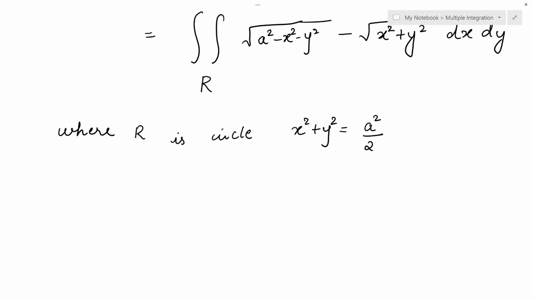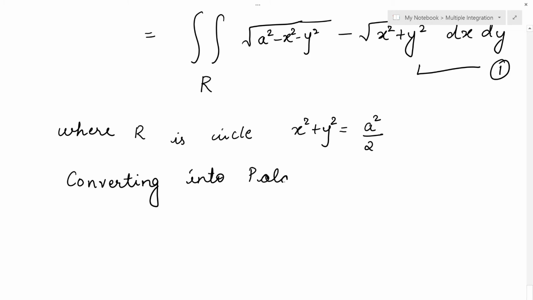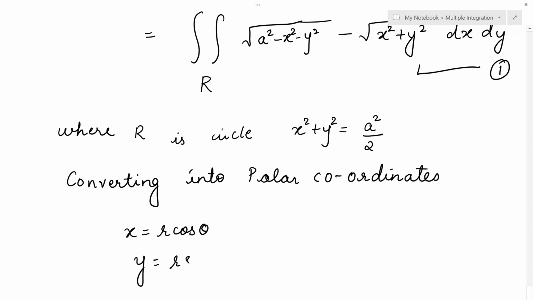So now I will convert this into my polar coordinates. So I'll name this as equation 1, right? And then converting it into polar coordinates, substituting x is equal to r cos theta, y is equal to r sin theta, and dx dy is equal to r dr d theta.